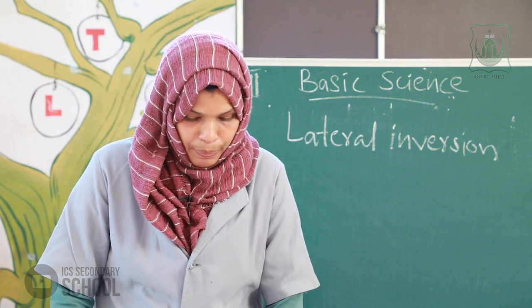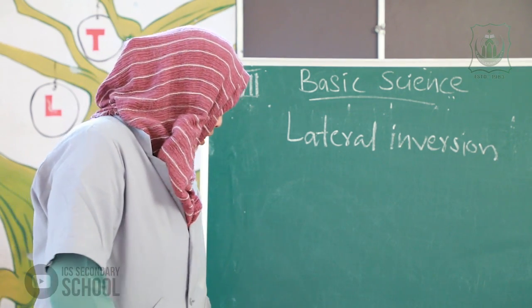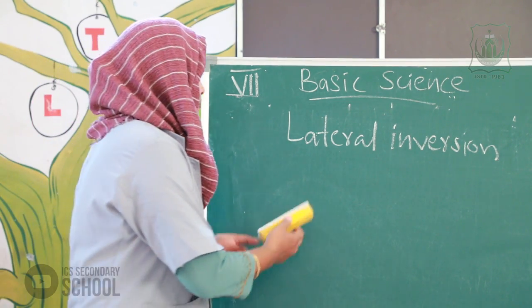Okay, next property is images of different types.